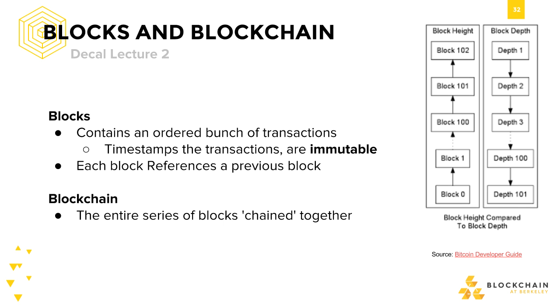And the key thing about these blocks is that it timestamps these transactions, and this whole block is completely immutable, so that if you modify any part of the block, it'll become an invalid block. We'll see more of why that is the case in future slides as well. And each block has a reference to a previous block, so that is how we form the blockchain.